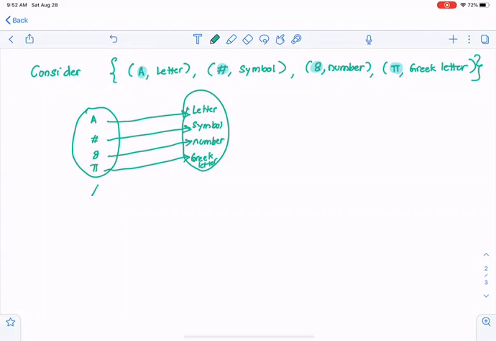So I'll call all of these values X and the others Y. And I can conclude that X is related to Y and the given set is a relation.